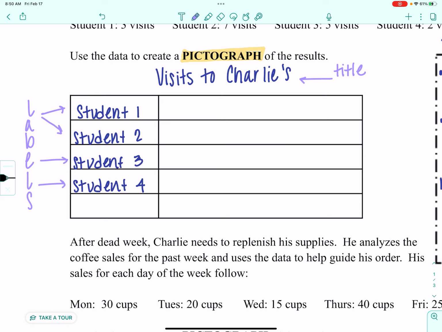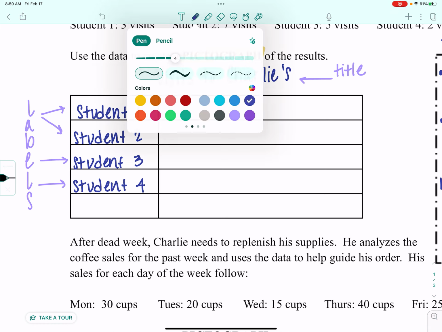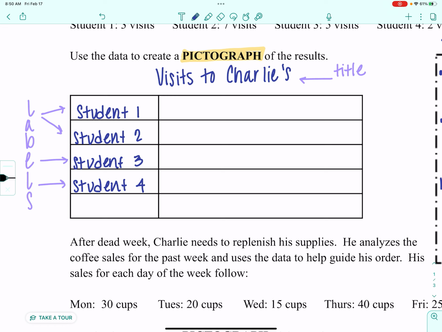Now we need to decide what our symbol is going to be. I'm going to use a coffee cup. And I'm going to say that one little coffee cup is equal to one visit.